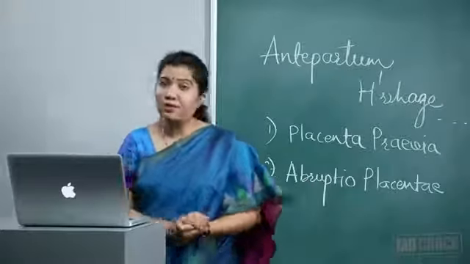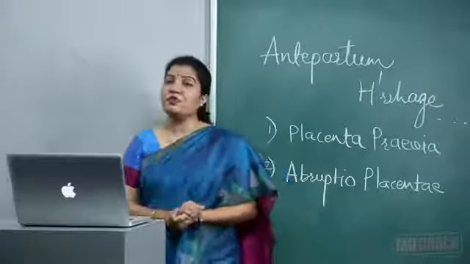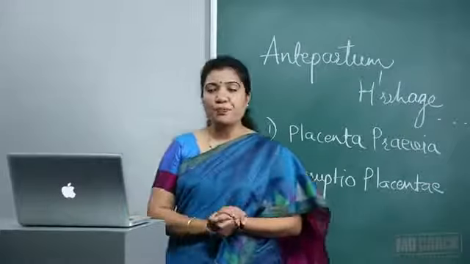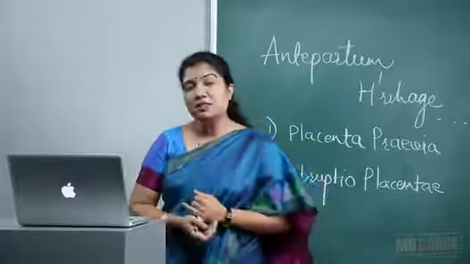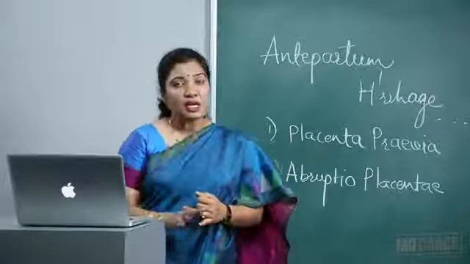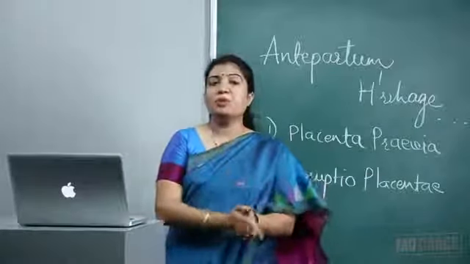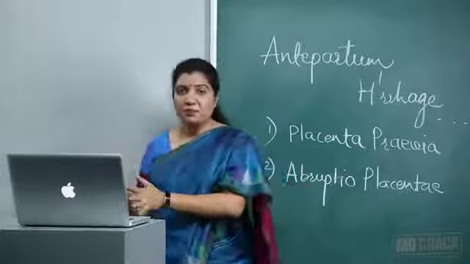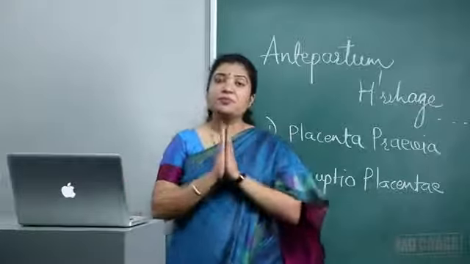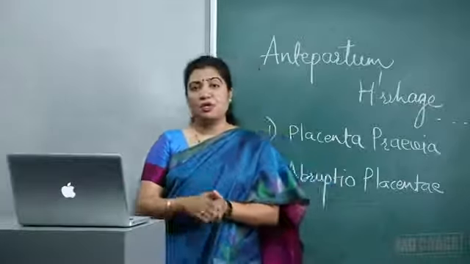So now let's see what are the risk factors in which patients we will find abruption more commonly. Increased maternal age and parity increases the risk for abruption. Preeclampsia goes hand in hand with abruption. If preeclampsia is there and the patient bleeds antepartum, think of abruption first.